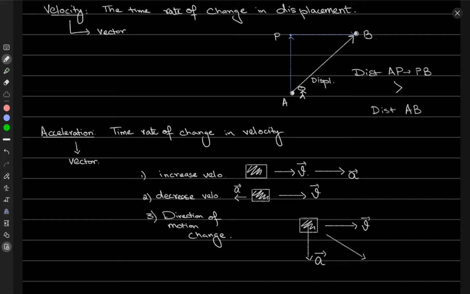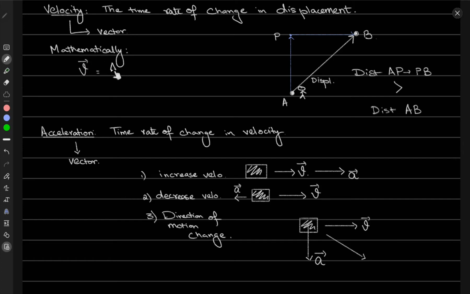Now we can assign mathematical expressions to velocity and acceleration. So mathematically, the velocity is expressed as v, which is a vector, so we add this vector arrow-like symbol on top of it.